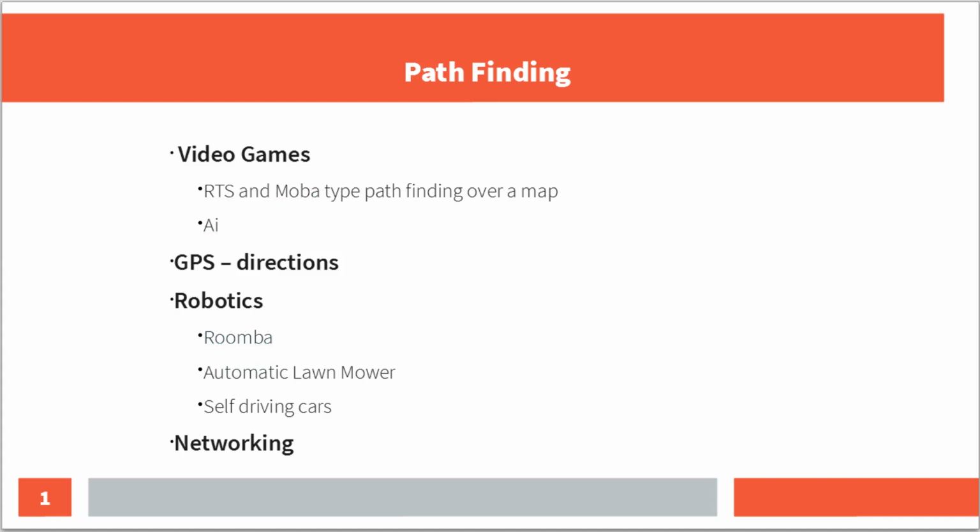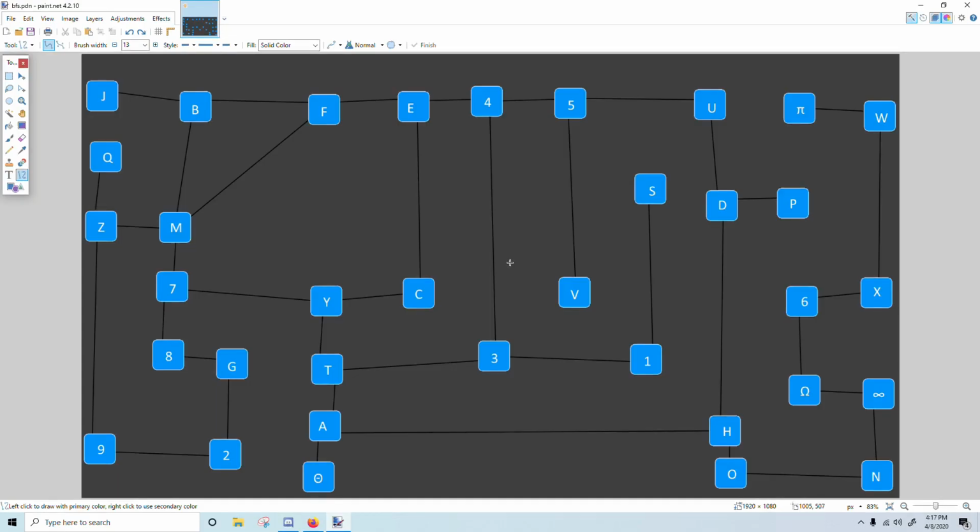So if you're establishing a connection from, let's say, one server to another, and it has to go through several different points in the internet to make that connection, you are going to use some sort of pathfinding algorithm to find the shortest path or the quickest path or the path of least resistance so that you can establish the best connection.